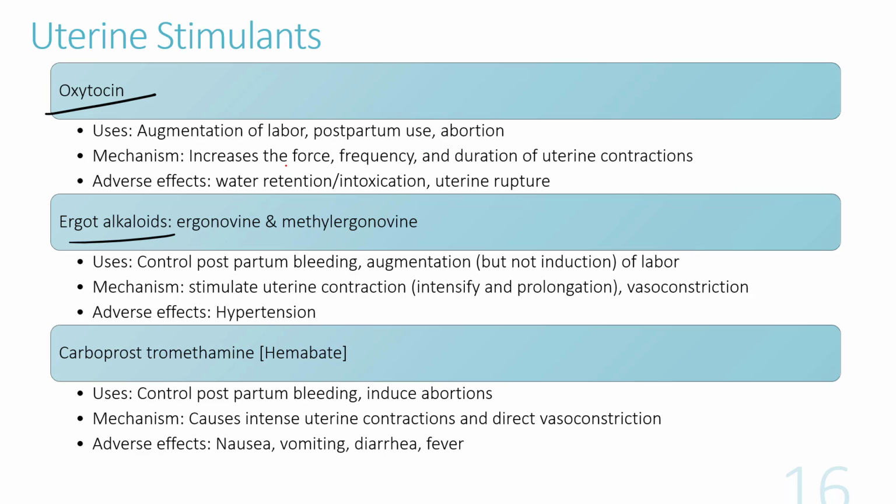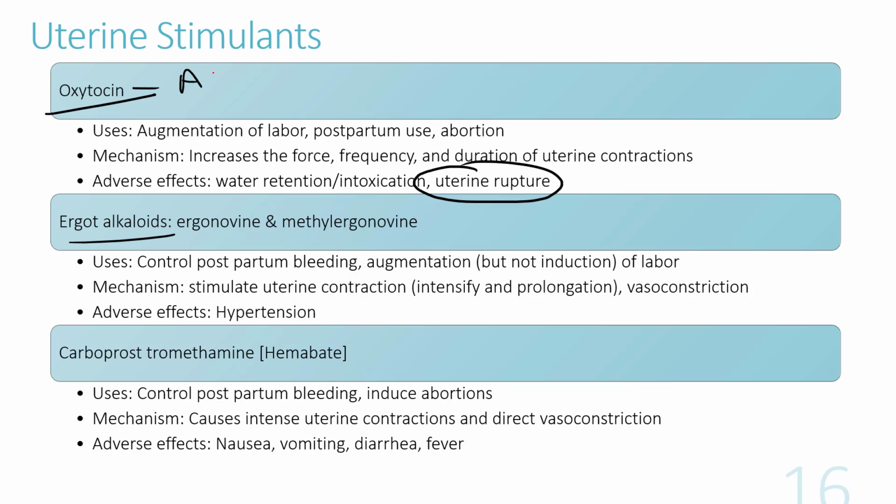So what happens is it increases the force, frequency, and duration of contractions, and so the contractions speed up and are harder, are stronger than what they would normally be, and it can actually cause uterine rupture, right? Because it gets so strong and so frequent.